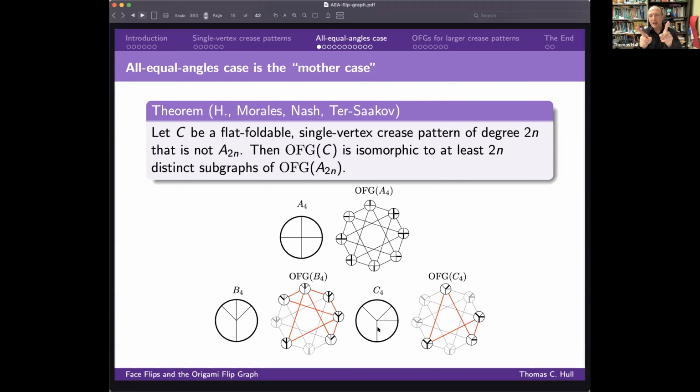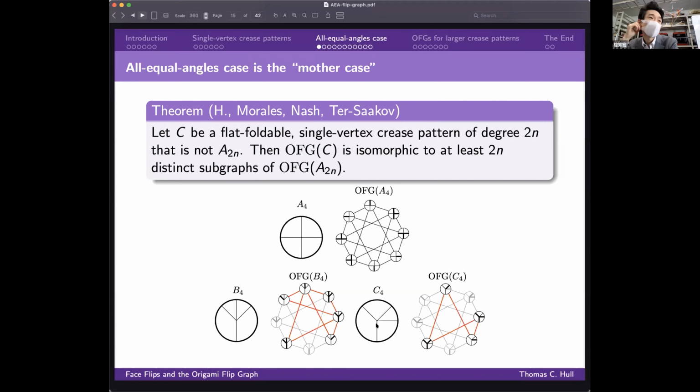Look for the smallest angle and fold that, and then look at the next smallest angle and fold that. I don't think we've ever found a vertex of degree 1 in the origami flip graph when doing that. So I think that's impossible, but I don't know of a proof yet.